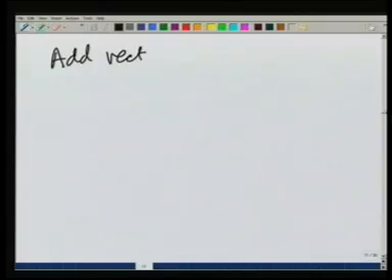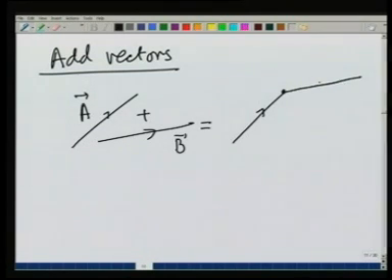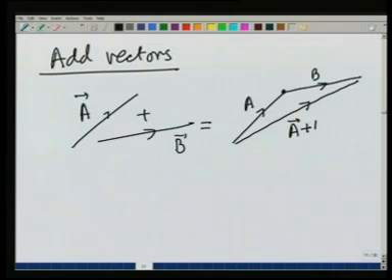So, if I want to add two vectors A and B, what we do is, so we are doing A plus B, take A, on its head put the tail of B, and then draw a vector starting from the tail of A to the head of B, and that gives you A plus B.